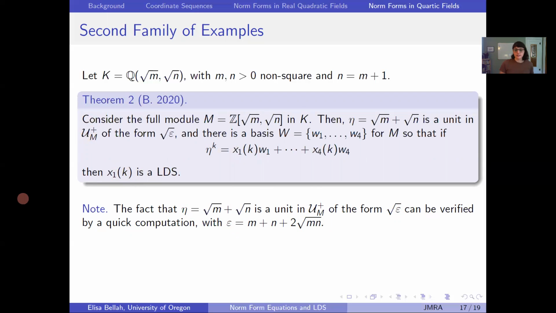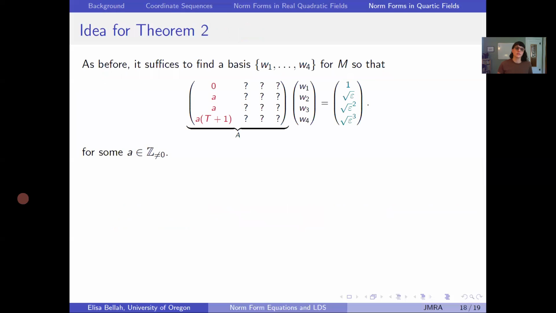So actually finding this basis turns out to be more challenging than in theorem 1. I'll give you the idea just to show you where the challenge comes up. So just like before, it suffices to find a basis for our module so that the first coordinate sequence has the initial conditions that we want. And so we'll set up this equality just like before, right?